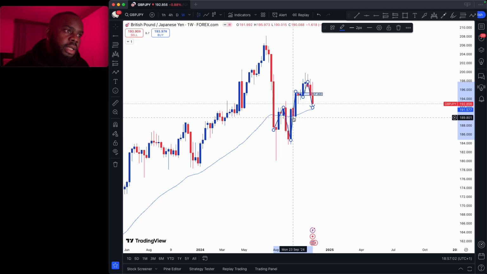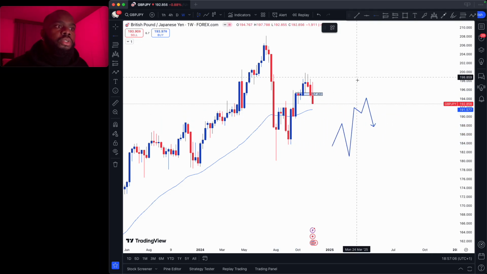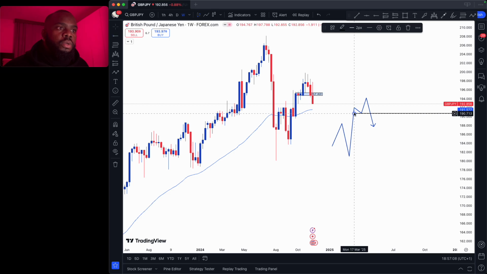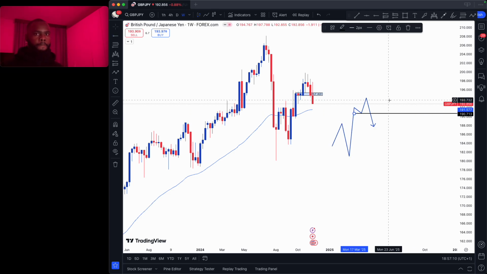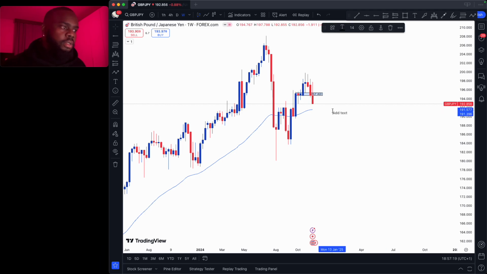Let me bring out the line chart so you see. You see the price closing below this low turned the weekly time frame bearish. So the weekly time frame is bearish, so I'll have to put that down. Weekly is bearish.